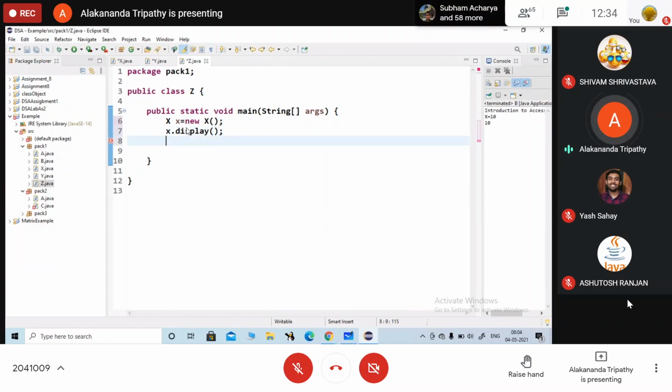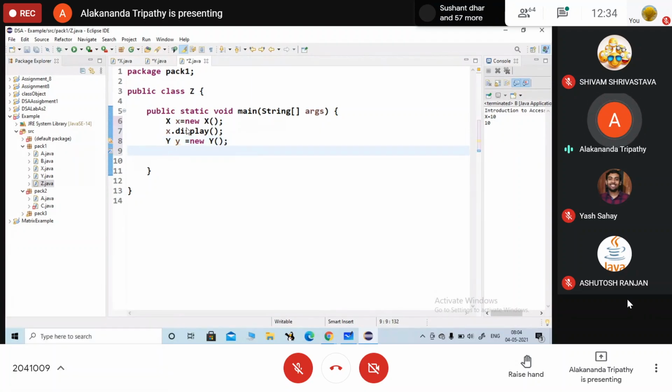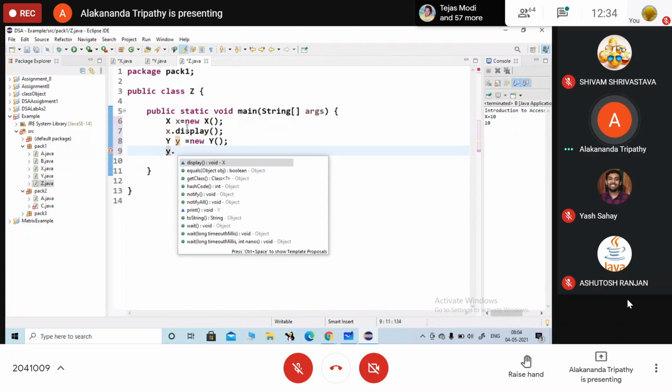Okay, but if I am going to create the object of class Y equals to new Y. So when I am going to write here Y dot, ना यहाँ पर देखो तो कितना मेथड आ रहा है? दो मेथड. Display और print. डिस्प्ले और एक प्रिंट आ रहा है.